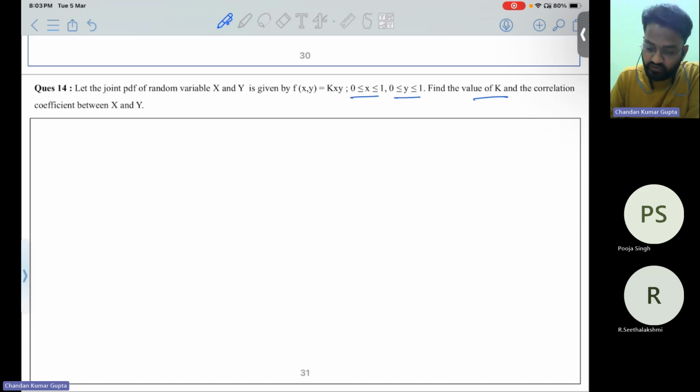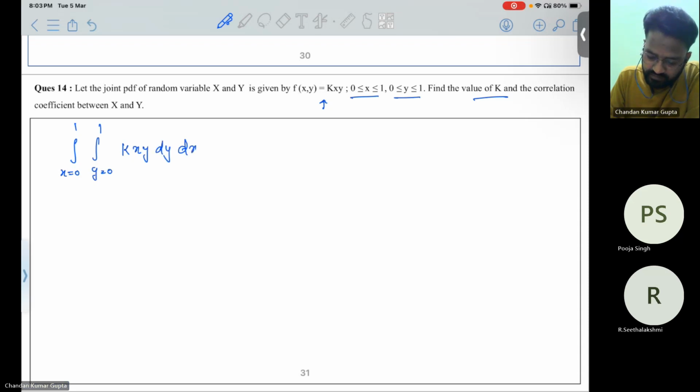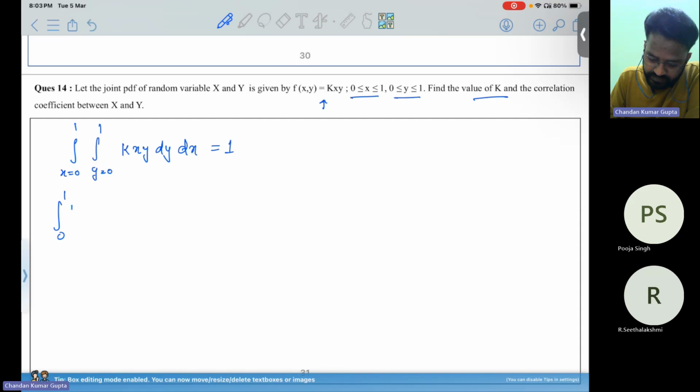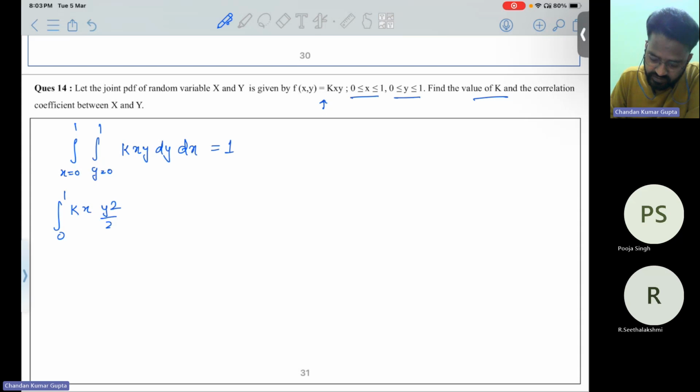So first, for this to be a joint PDF, we will take the integration from 0 to 1, from 0 to 1 of kxy equal to 1. So 0 to 1, k x times y square by 2, 0 to 1, dx is equal to 1.